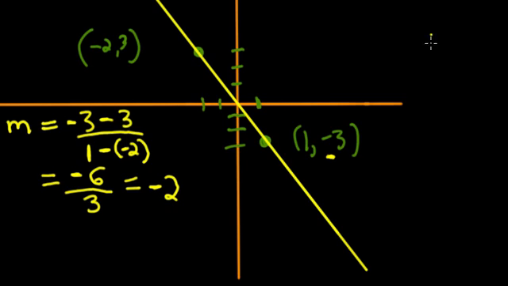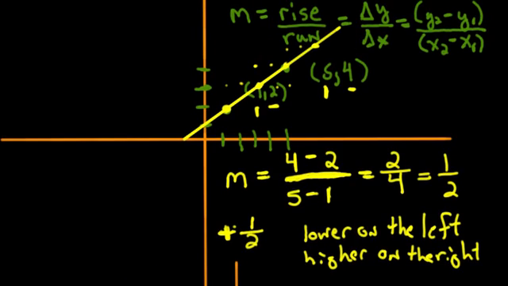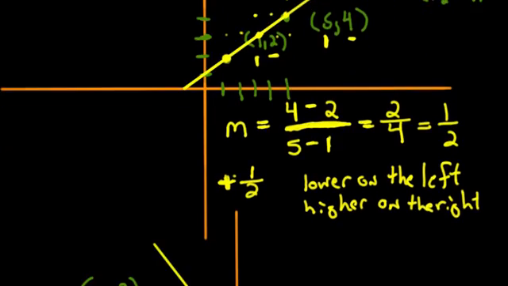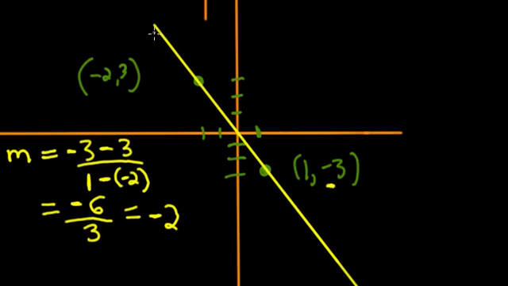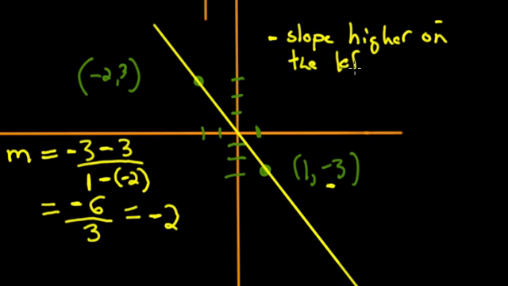Well, the first thing to look at is our previous slope, if I scroll back up, was positive. Right? Positive. And it was lower on the left and higher on the right. This slope here is negative, and notice negative slope is higher on the left, lower on the right.